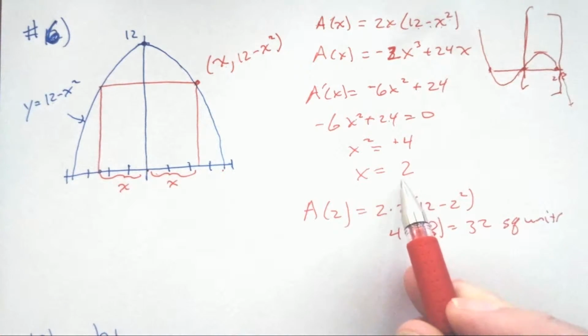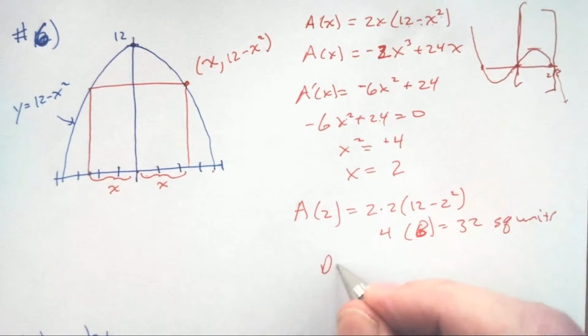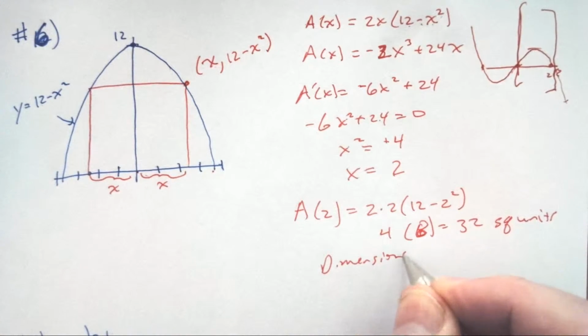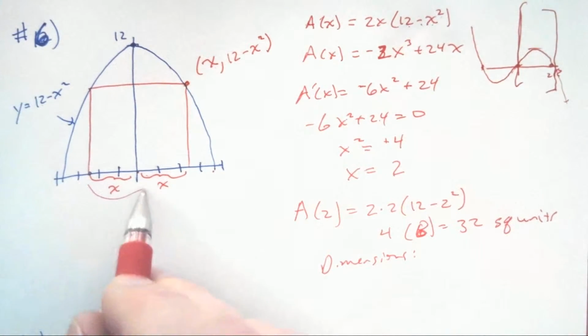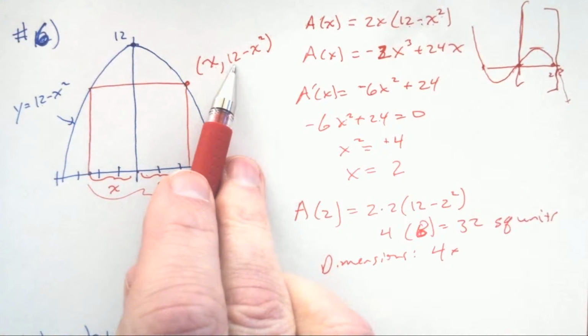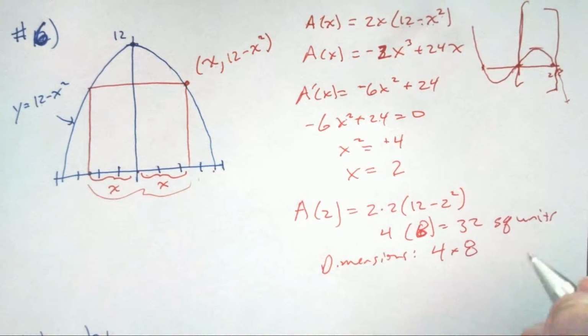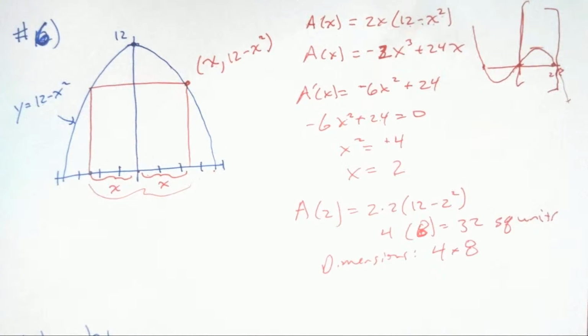And what are the dimensions? The dimensions are the rectangle would be 2x4 by, put 2 in for our y value, 4 by 8. So there you have it.